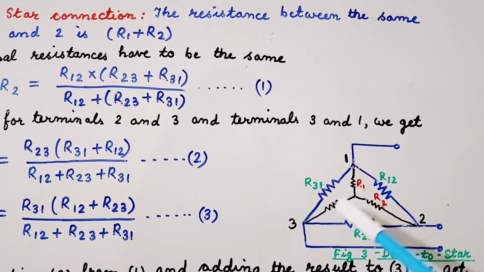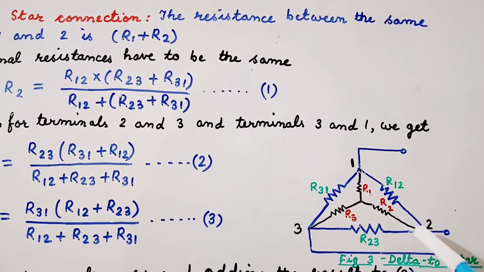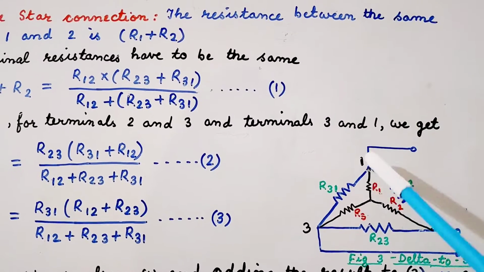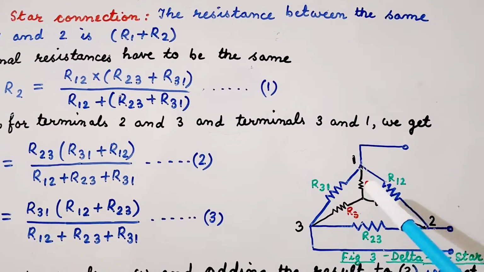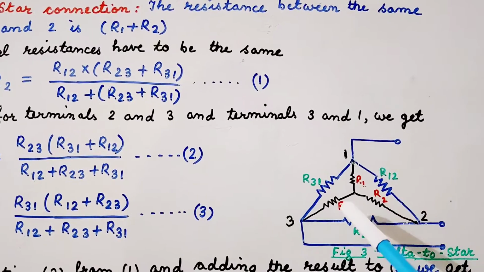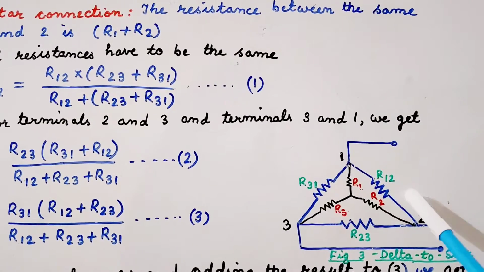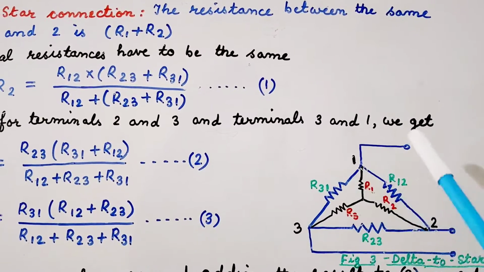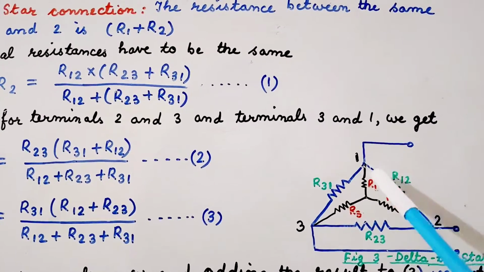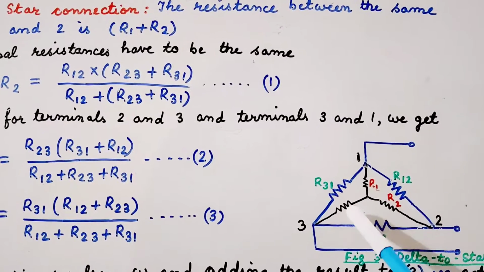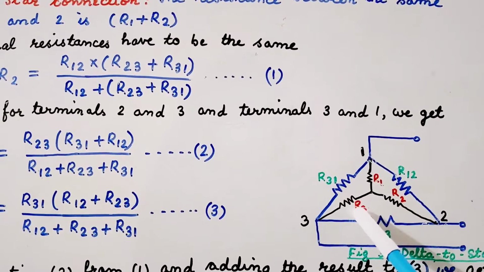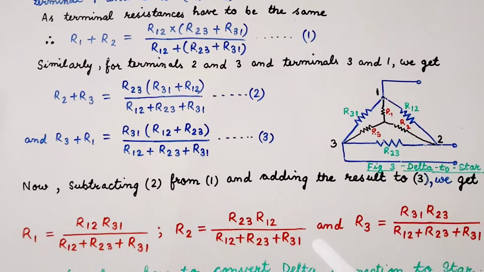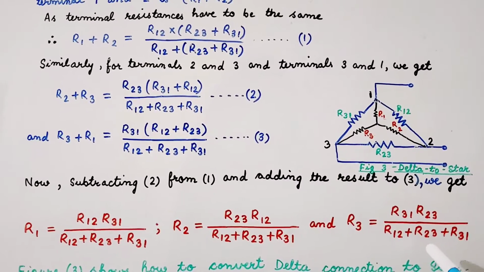So we have drawn a star connection of resistance between the same 3 terminals. We have to find the value of these 3 new resistors because we are converting the delta to star. So once we convert the delta to star, we will have to find the values of these 3 new resistances R1, R2 and R3, and we can obtain the values of R1, R2 and R3 from these 3 formulas.